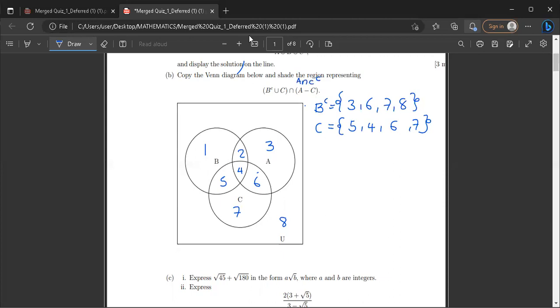So we also need our C complement. You can see that your C is this, so our complement will therefore be equal to 1, 2, 3, and 8. This is our C complement.